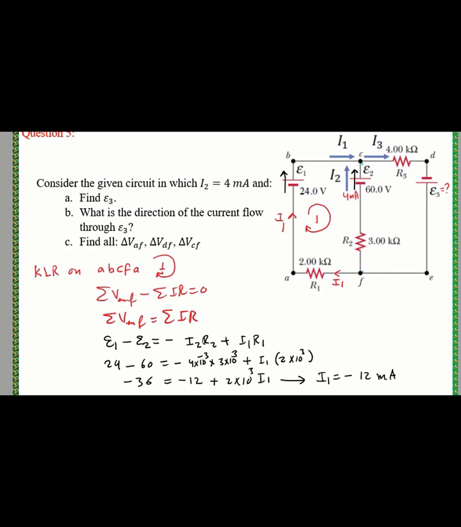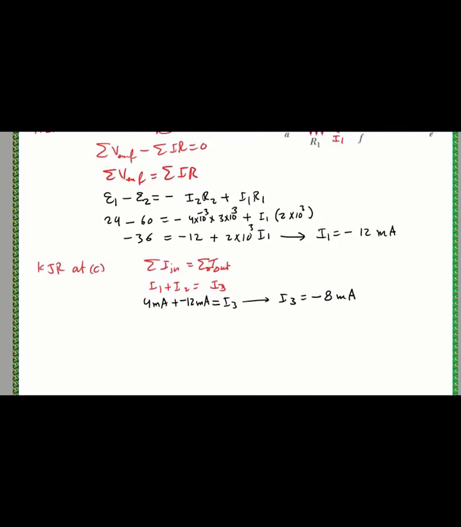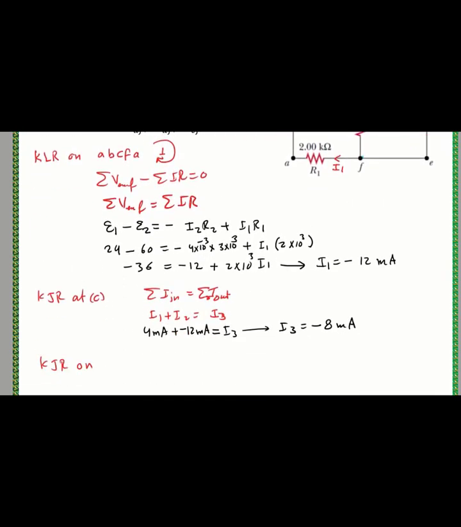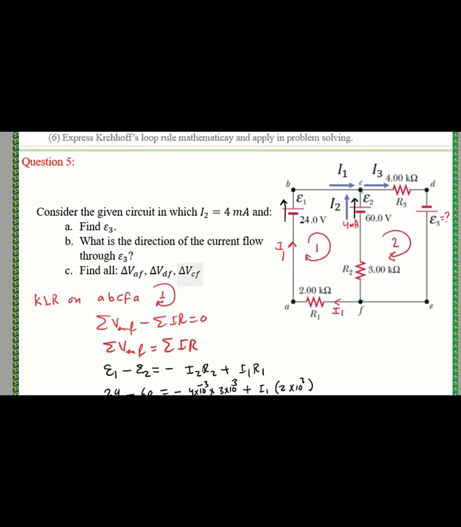Here I need to apply Kirchhoff loop rule on the second loop from F to C to D to E and again to F in clockwise direction, FCDEF: sigma EMF equals sigma I times R. First of all, epsilon 2 with me, epsilon 3 with me, so they both are positive.